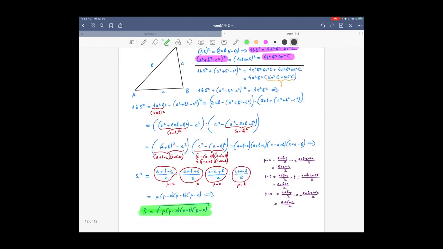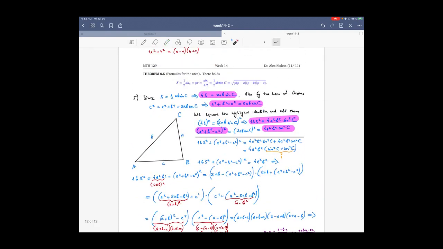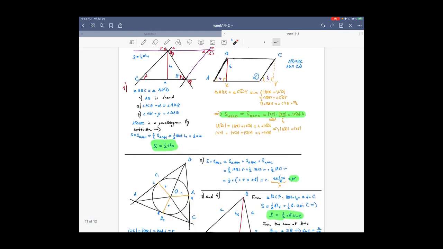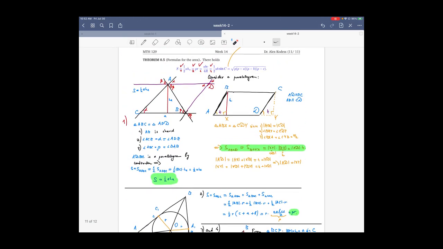So we have proved how many? 1, 2, 3, 4, 5 very useful formulas for the area of the triangle. All were derived from the law of sines and the law of cosines.